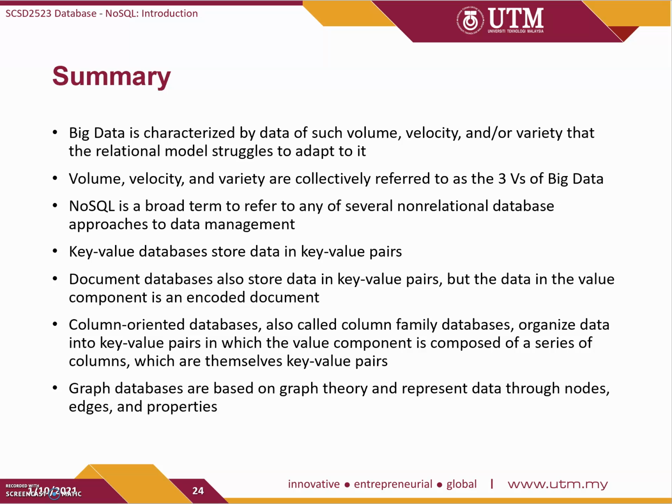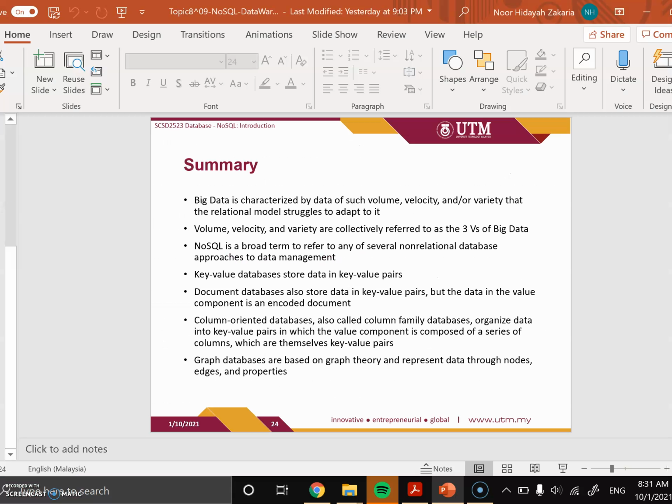And the graph database is based on graph theory and represents data through nodes, edges, and also properties. Each of these can also be represented in the relational model, only in a different representation.